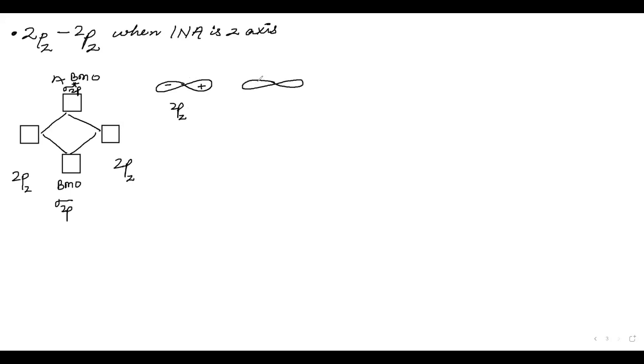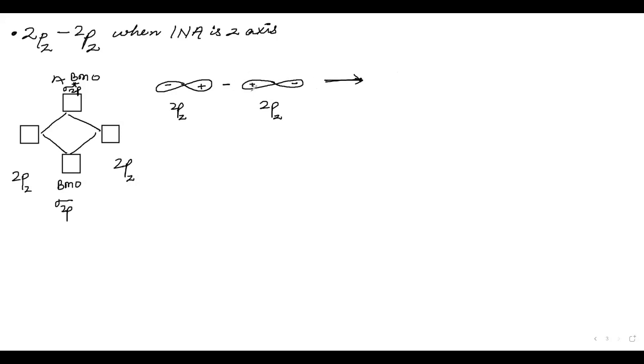You can write plus minus here, but you subtract it here. As soon as you subtract, the phases of this 2pz will change. Don't worry, because we are taking all the possibilities, that is constructive and destructive. Now this is destructive because we are subtracting.